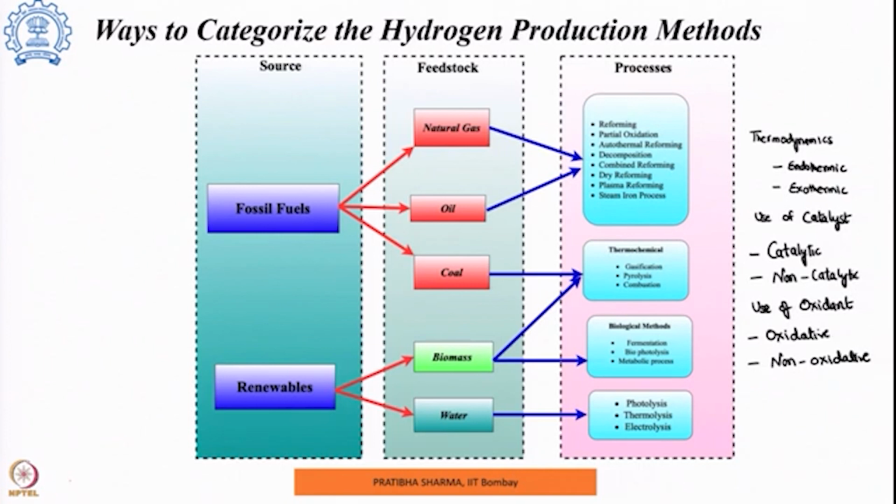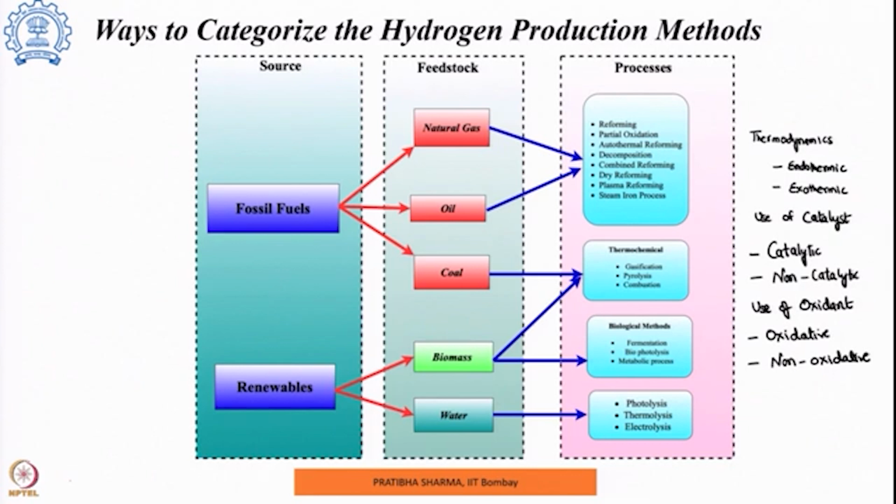Other than this, one more method of characterization is to classify on the basis of feedstock used. So, whether the source used for hydrogen production is fossil fuel based or renewables based. If it is fossil fuel based, then which feedstock is used, whether it is natural gas, oil or coal. If it is produced from renewables, then based on the source, whether it is from biomass or from water.